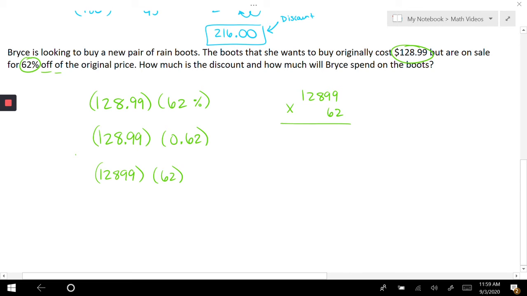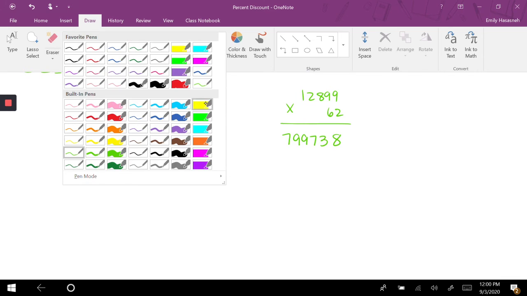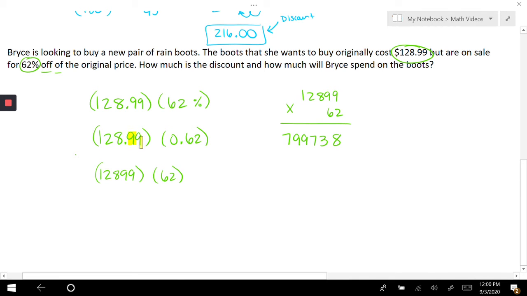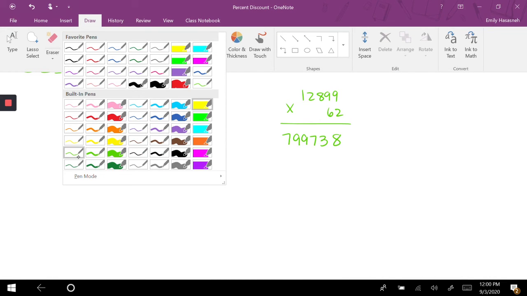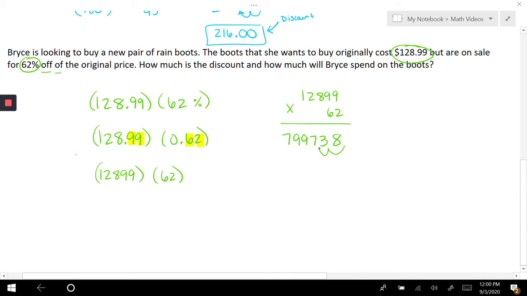I'm going to go ahead and skip ahead with this so that I'm not taking up too much time, but if I multiply that out, I'm going to get this. And then I need to go in and place my decimal. And how many times? I have 1, 2, 3, 4 times that I need to move my decimal in. So I'm going to move it in 1, 2, 3, 4. I get 79.9738.